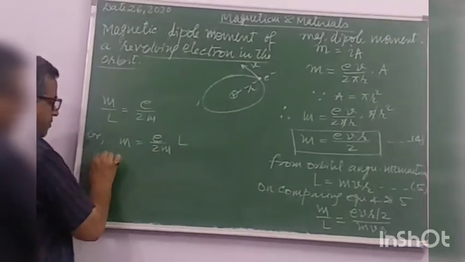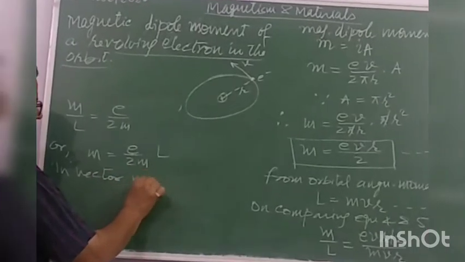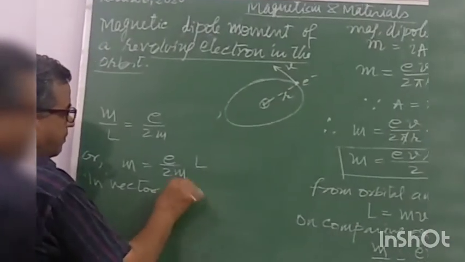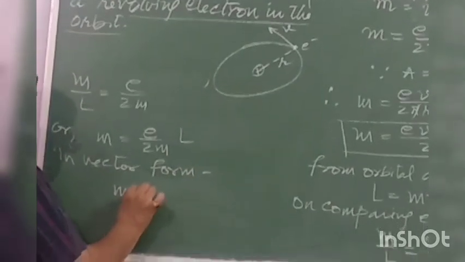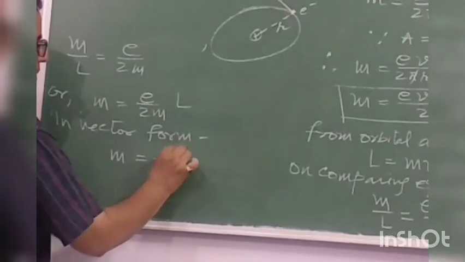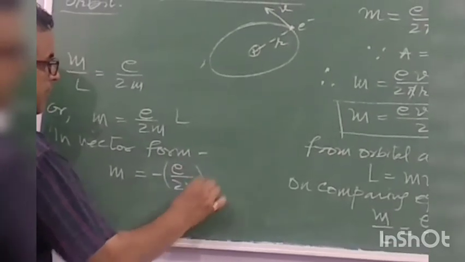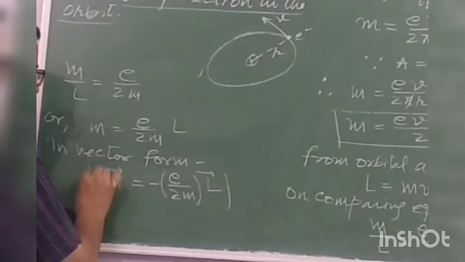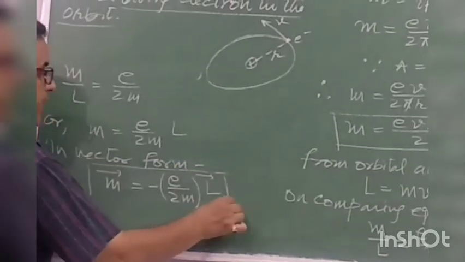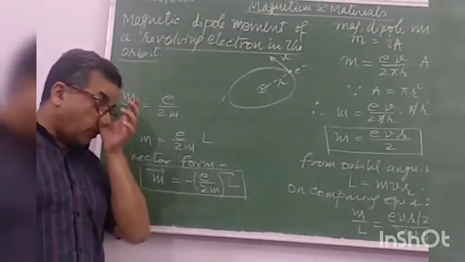In vector form, M is written as minus e upon 2m into L. So M is a vector quantity, and the orbital angular momentum L is also a vector quantity.